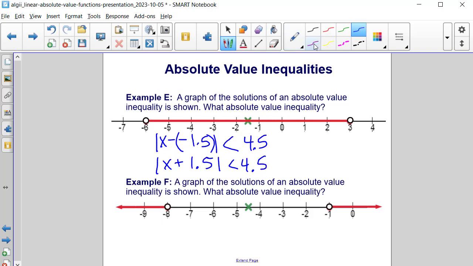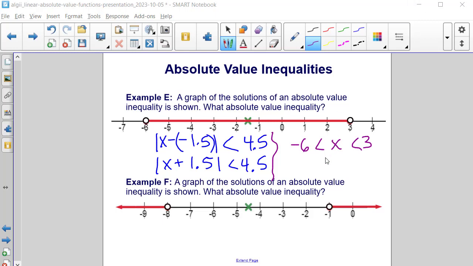That's the approach graphically. Now let's look at it algebraically. We can see from the original graph that our x value has to lie between -6 and +3. From here, we can still see in our graph that our center point is -1.5.